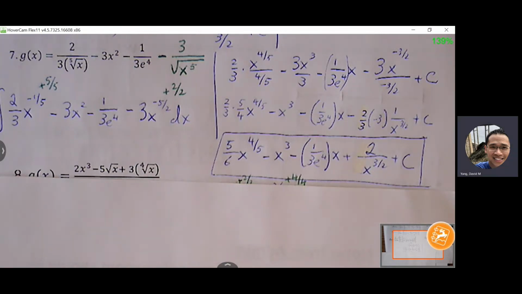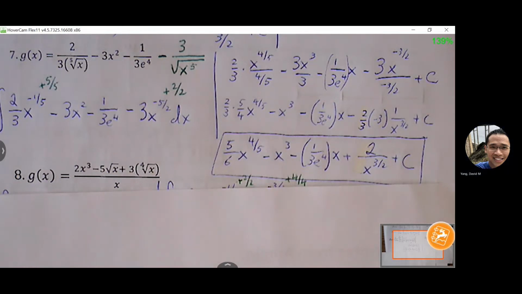Okay, number 8 is also power rule, but there's a different way of cleaning this up. So number 8, spend the time. You see there are multiple terms in the numerator, but there's only one term in the denominator. Eventually the denominator has to come up, but that x is going to influence every term up top. So just spend the time to separate each fraction. Create 3 separate fractions, each fraction with an x in the denominator.